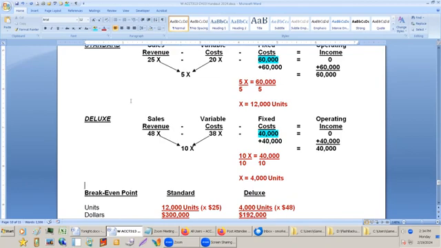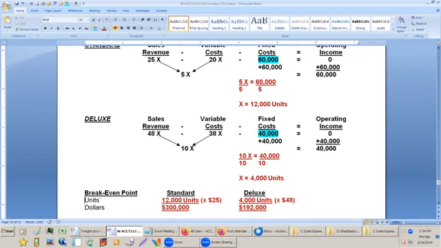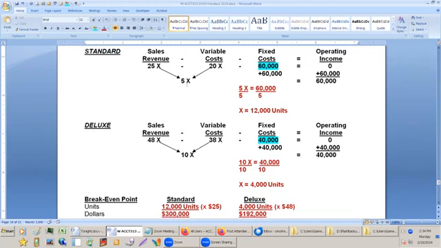Okay, so the important thing is splitting up these fixed costs, and this is really the problem of this one. The rest of this is easy. Once you get the fixed cost, I mean, we've already done this at least eight, I don't know, a number of times. And now we've done it two more.